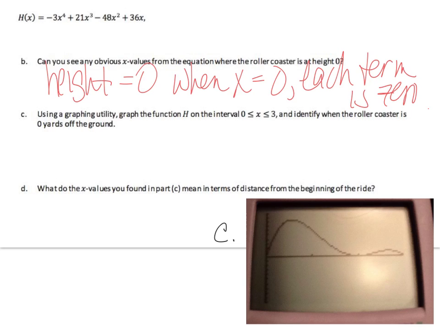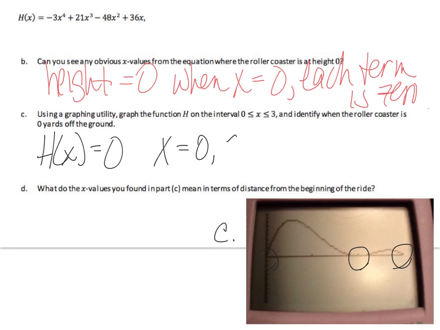So between 0 and 3, the x values that satisfy h of x equals 0 occur at 0, 2, and 3. So when x is 0, 2, and 3, that would be when the roller coaster is 0 yards off the ground.